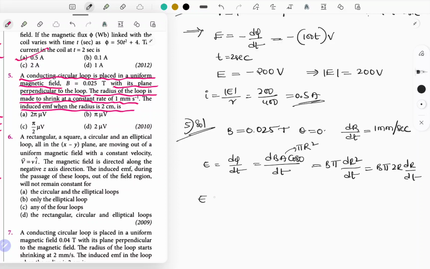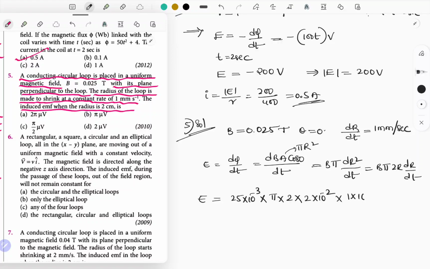Let me substitute all those values. Magnetic field is, I am replacing it with 25 into 10 power minus 3, pi into radius r is equal to 2 centimeter, 2 into 10 power minus 2, into dr by dt is 1 millimeter per second.